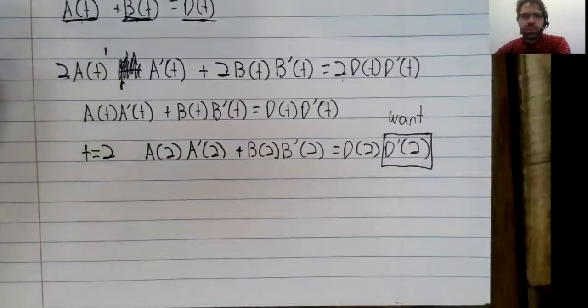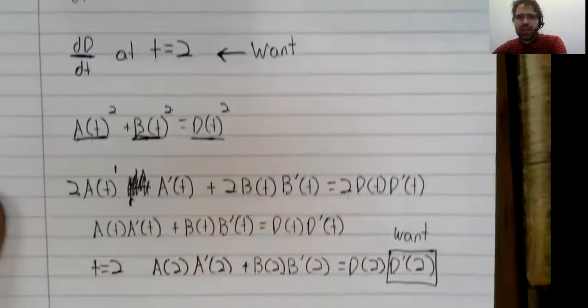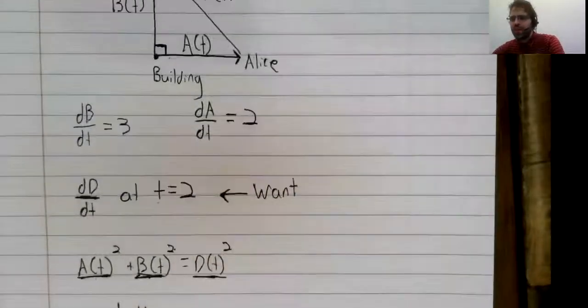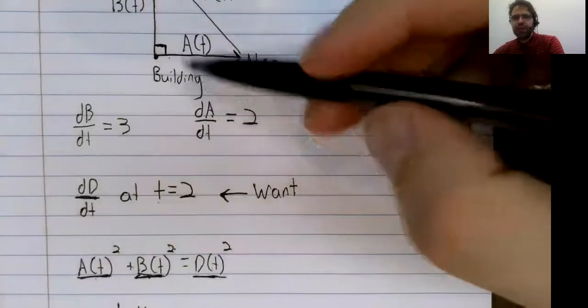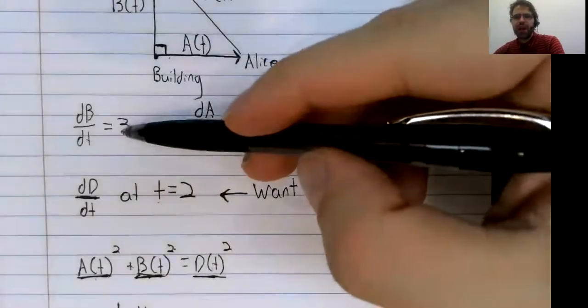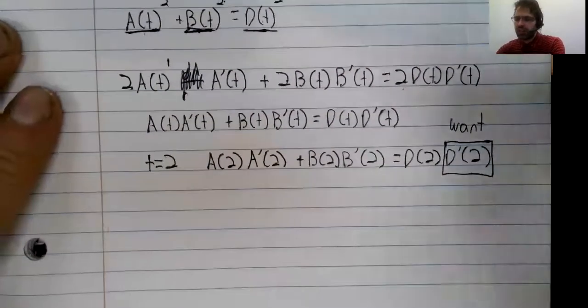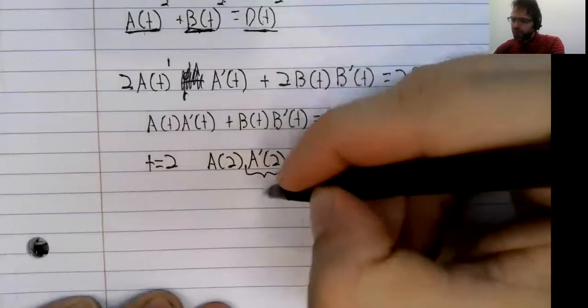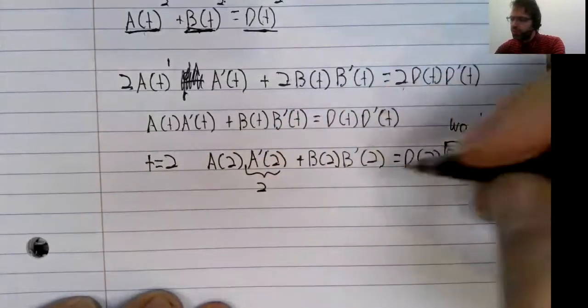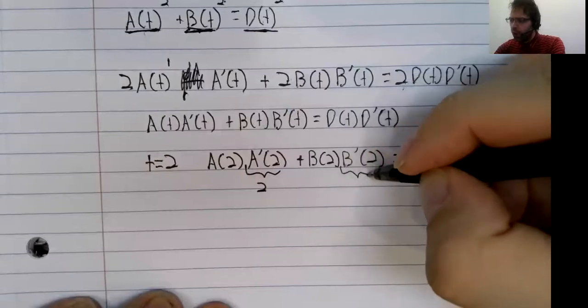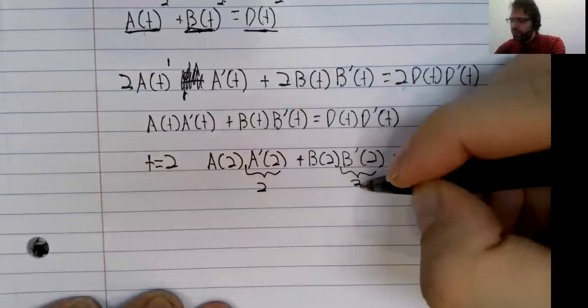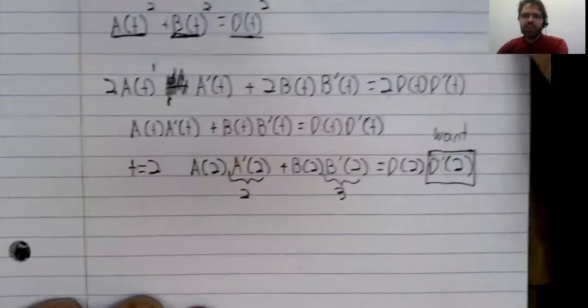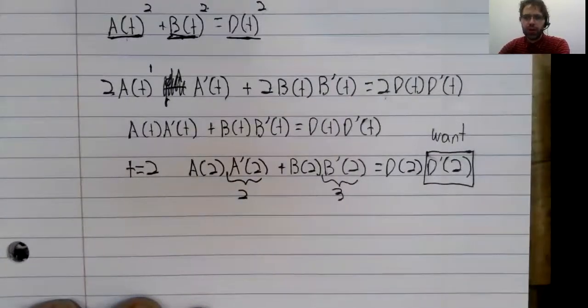So, good news, bad news time. A prime and b prime are known constants. A prime is 2 always. B prime is 3 always.